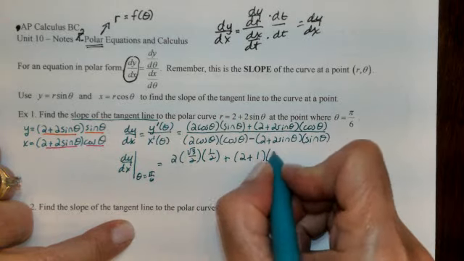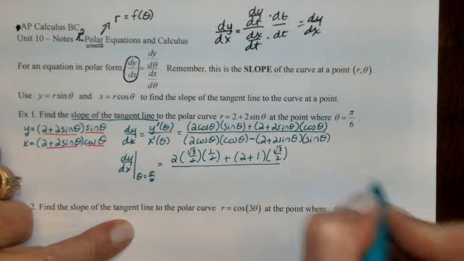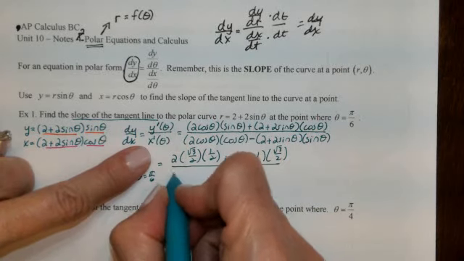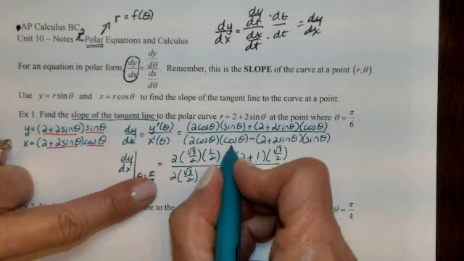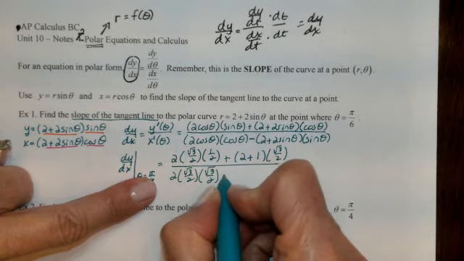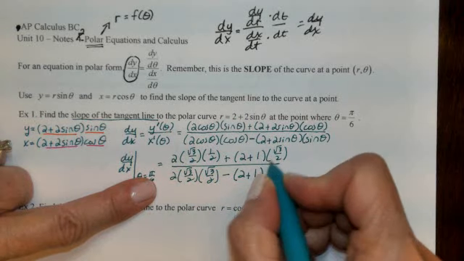Cosine of pi over 6 we said was square root of 3 over 2, all over 2 times square root of 3 over 2. That's always going to be the same there. Times cosine of pi over 6, another square root of 3 over 2, minus 2 plus 1. That will stay the same.